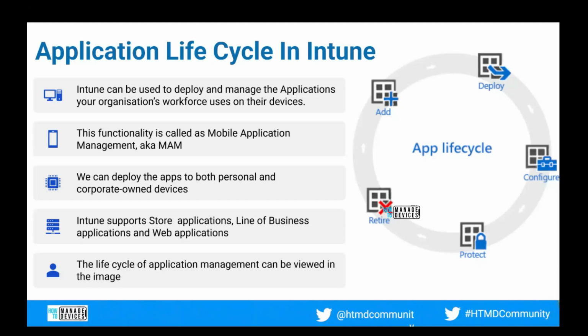Then if there are any app configurations, you will configure app configuration policies for the application, and then you will protect the application using app protection policies. Once the application is at the end of its use, you will retire it. Intune helps you uninstall the application without user intervention. So this is more about application lifecycle management.